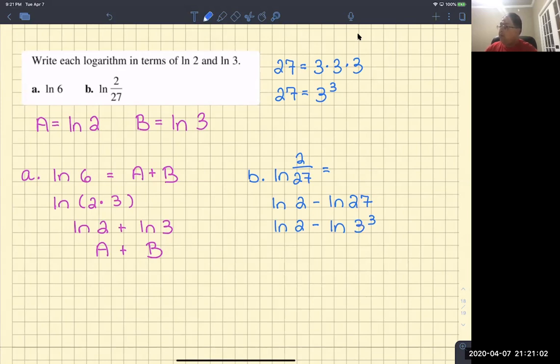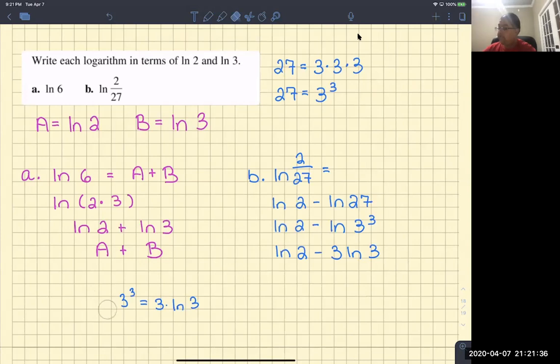Now, the power rule says that if I have a number raised to an exponent, I can bring that exponent to the front of a logarithm. So I can rewrite this as the natural log of 2 minus 3 times the natural log of 3. Okay, that's what the power rule says, that the natural log of 3 cubed is the same as 3 times the natural log of 3.